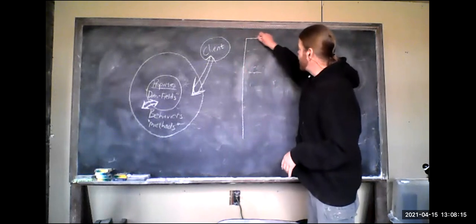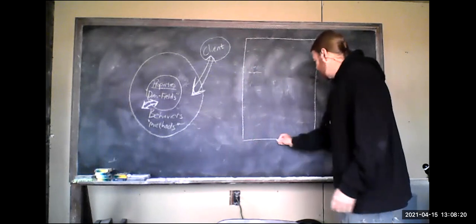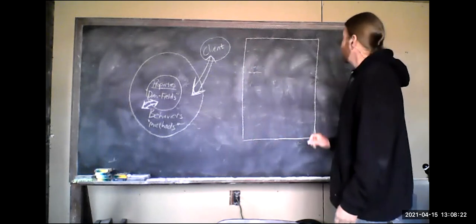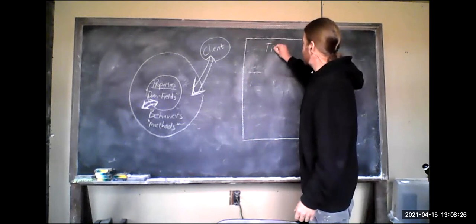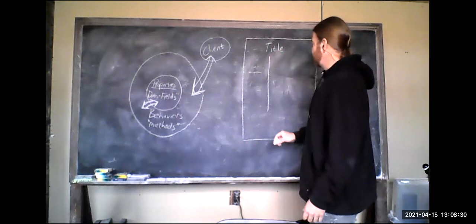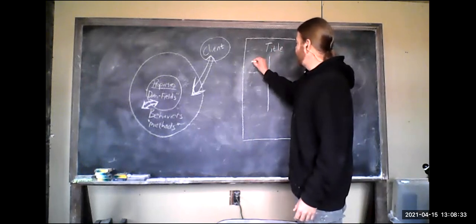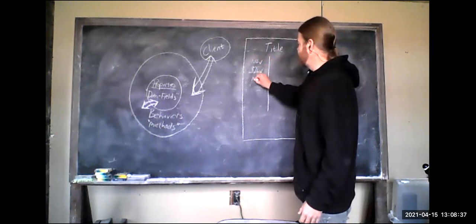I'll draw the wireframe up here. Whoops, go chalk. So we had a title up at the top. So line down here, our Navbar over here. I'll just write nav a few times to represent the links.